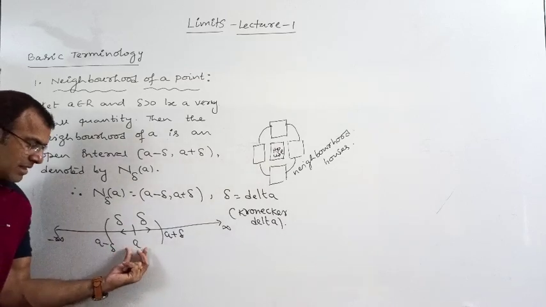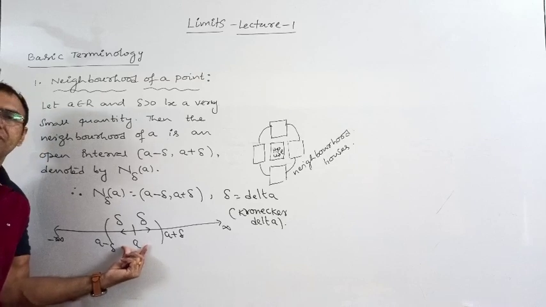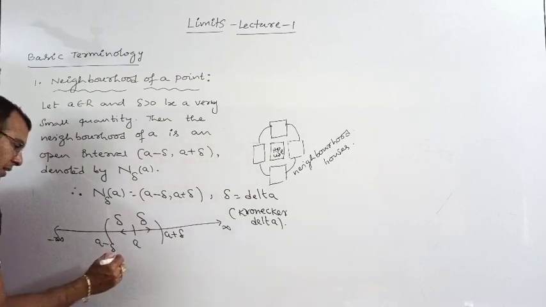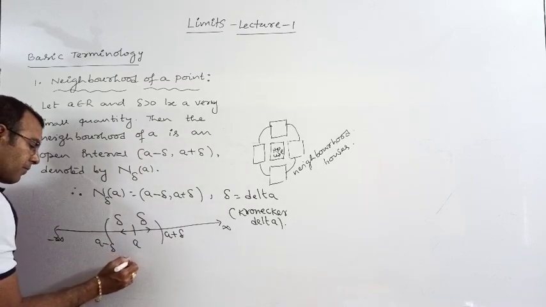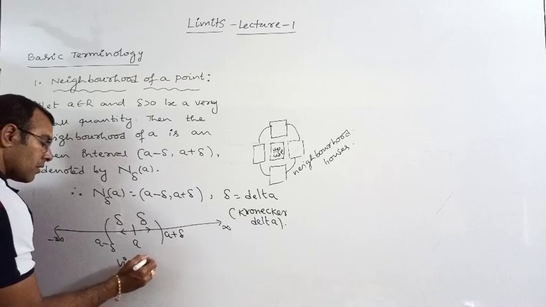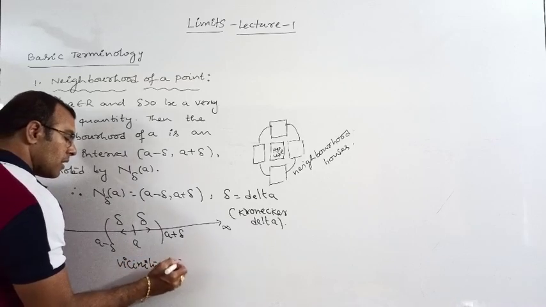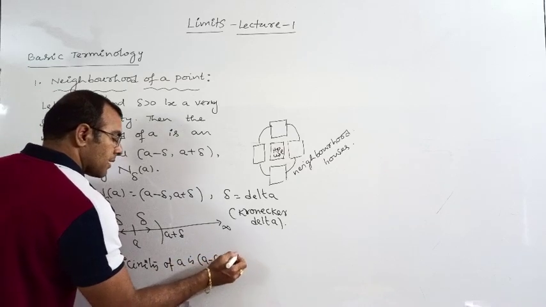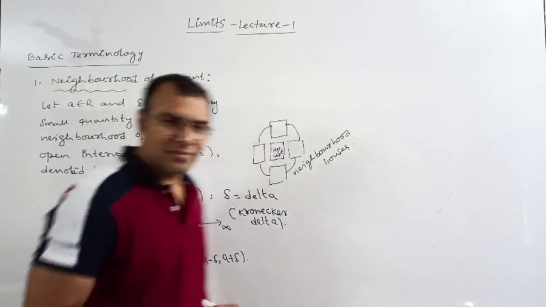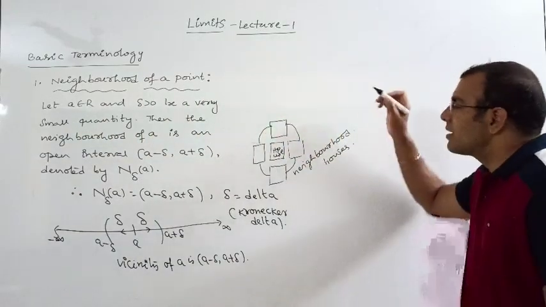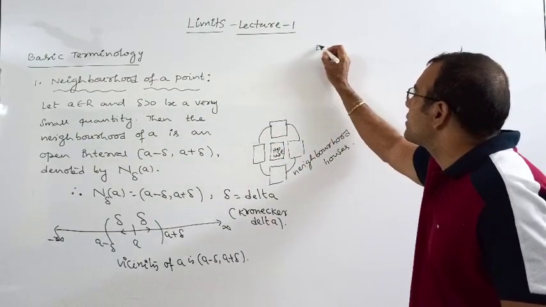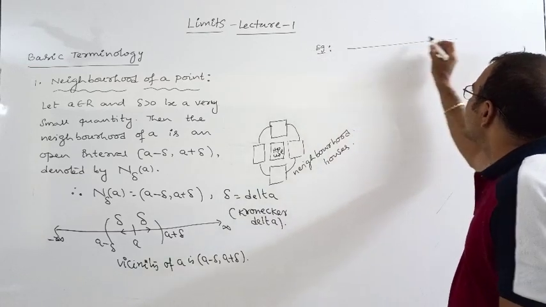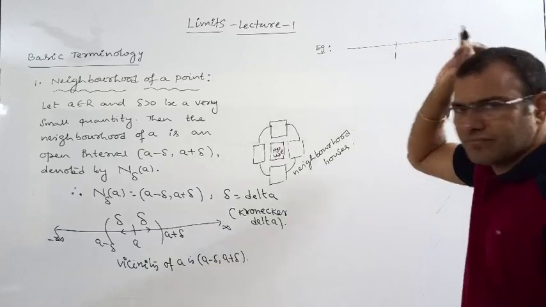Another word you can say is vicinity of a. Neighborhood of a point means vicinity of a. So the vicinity of a is a minus delta comma a plus delta. Let us take one example. Suppose this is 1.